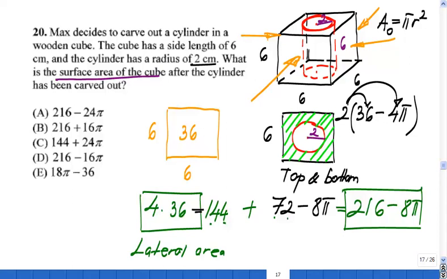But are we done? Think about it. Are we done with the surface area of the carved cube? Is this all? Is this the answer? Well, obviously, if you're looking at your possibilities here, neither one of them looks like that, so obviously we're missing something.